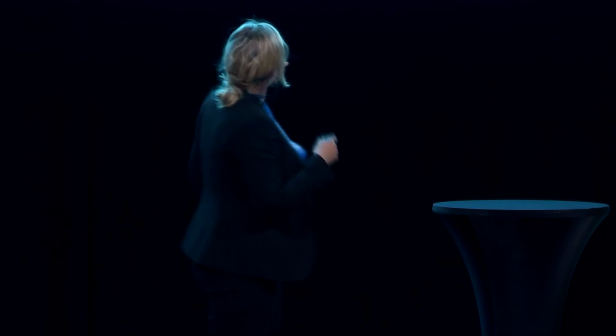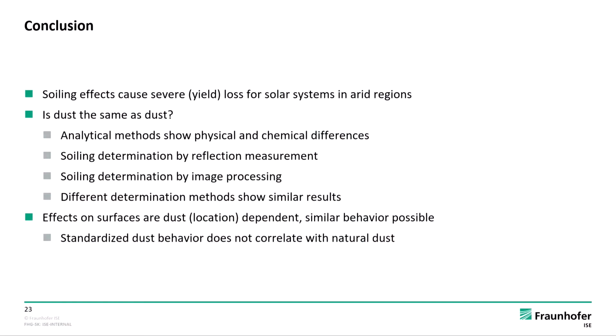So the take-home message actually is, I would say it does strongly depend on the dust, and sometimes it does depend on the surface as well. Coming to my conclusion, I think I'm a little bit ahead of time. We saw some soiling effects in outdoors.